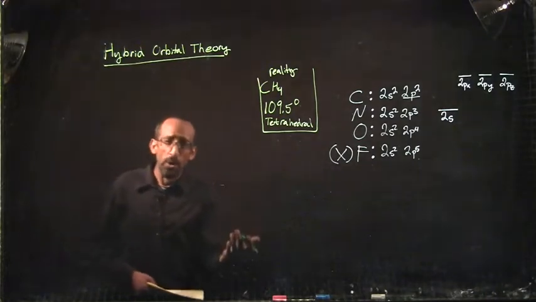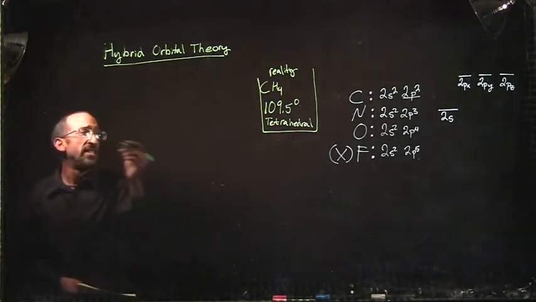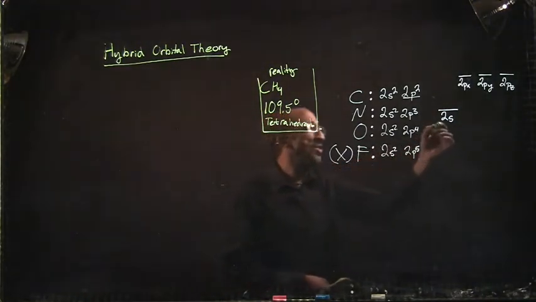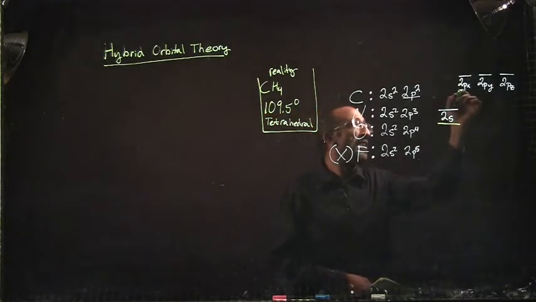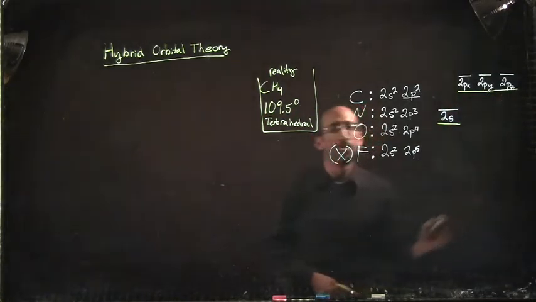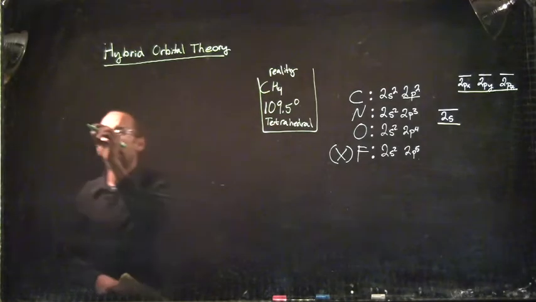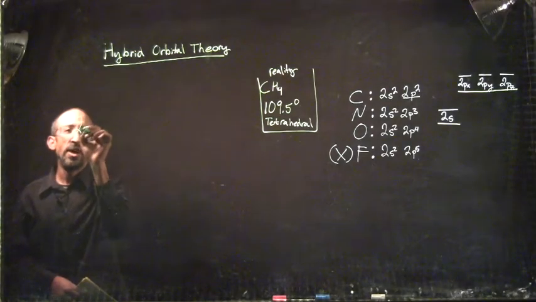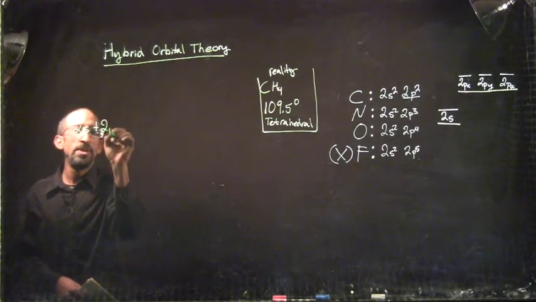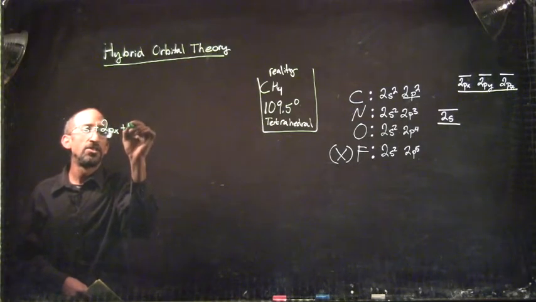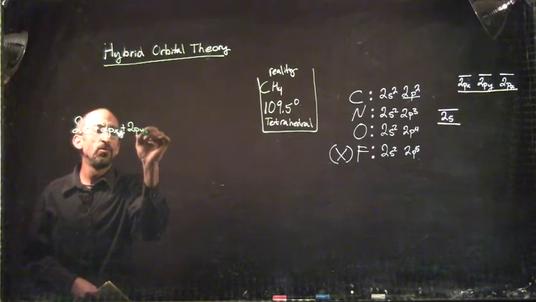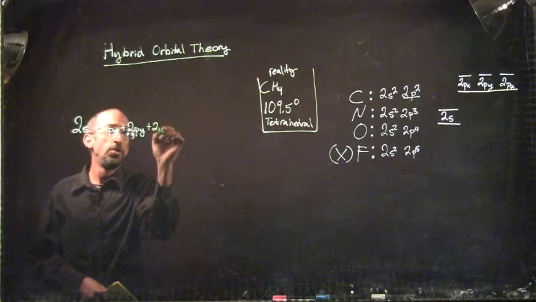So for example, for carbon, we can take our 2s orbital and all 3 of our 2p orbitals and combine them together. So we would take 2s plus 2px plus 2py plus 2pz.